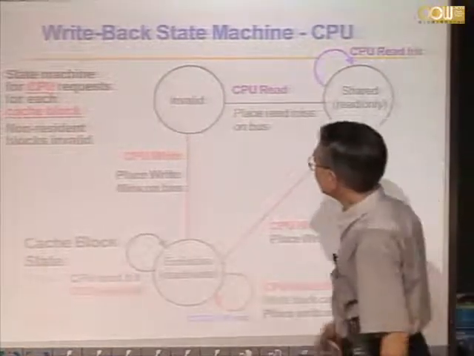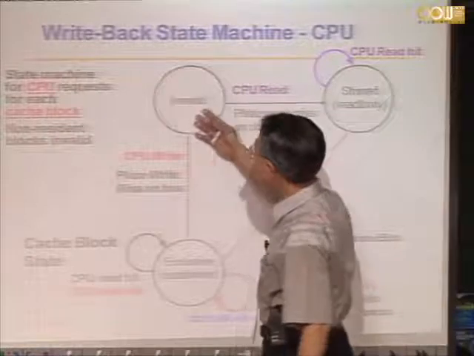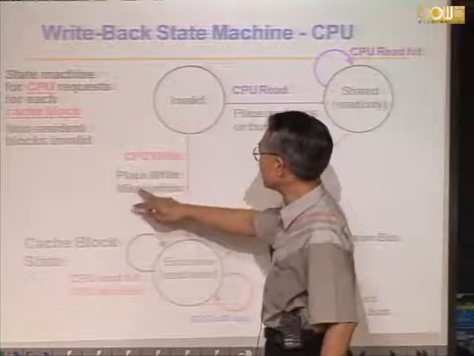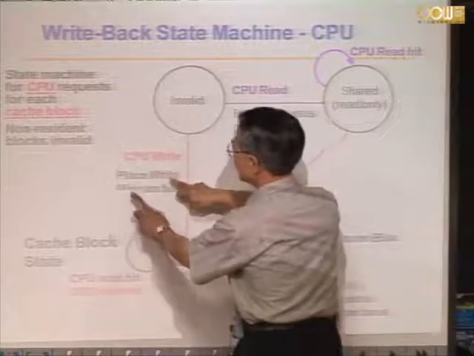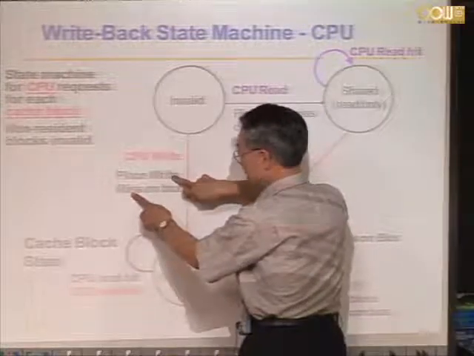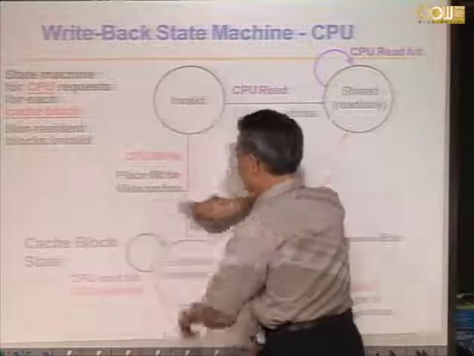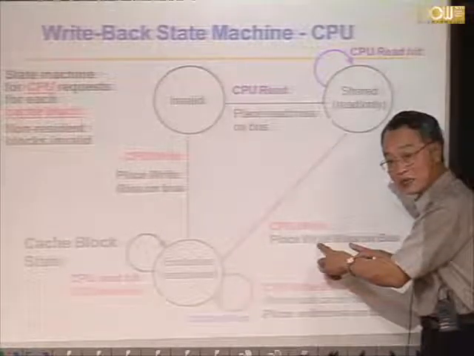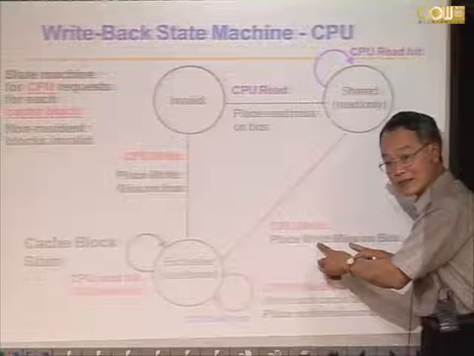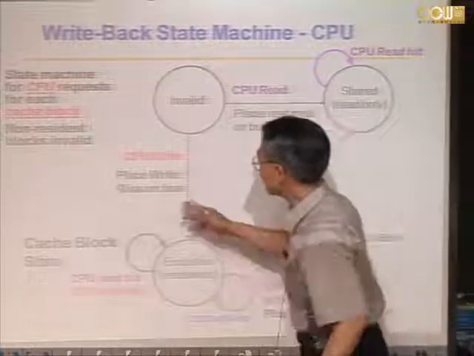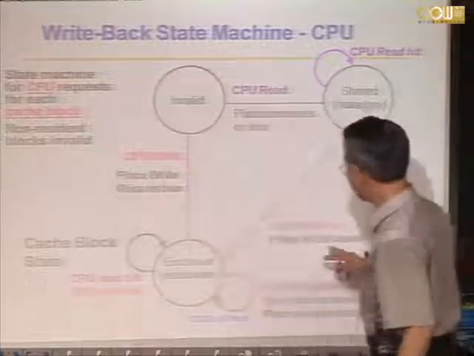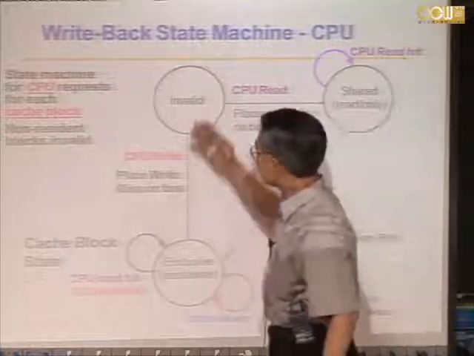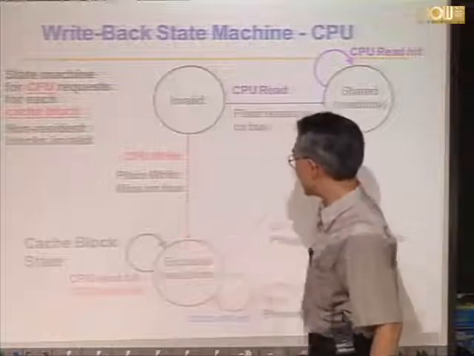Okay, so if you're in the invalid state and this time you want to do a write, also you place write miss on bus. This write miss is only a replacement signal which will cause the same effect. Okay, so this is a true write miss. This is a fake write miss. Then you enter into the exclusive state.